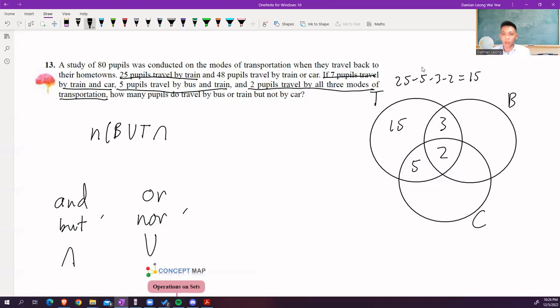So B union T intersect C complement, not car. B union T intersect C complement means inside the B union T, but outside of C. So it's this, this, and this together. I need to include only bus as well.